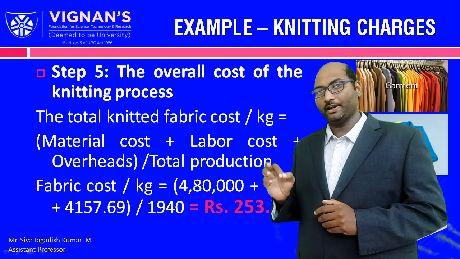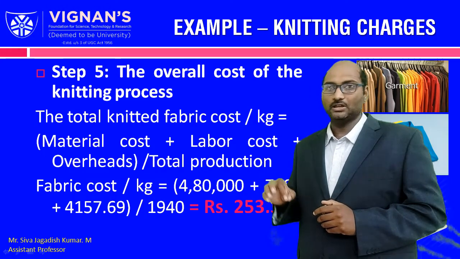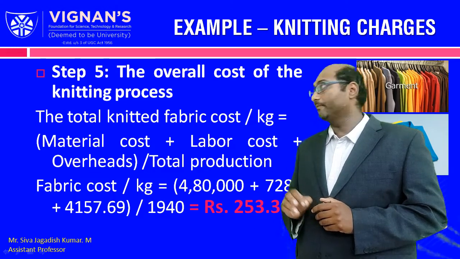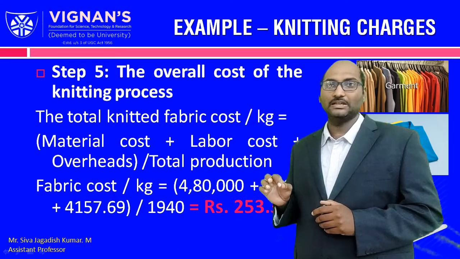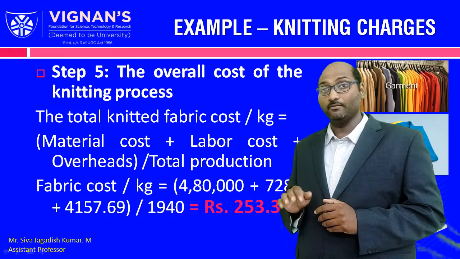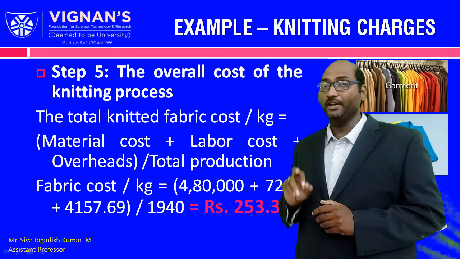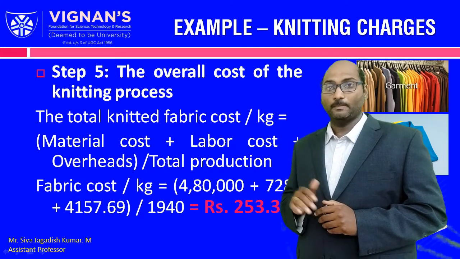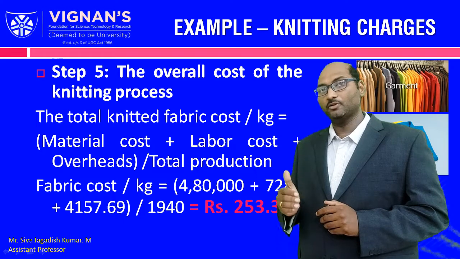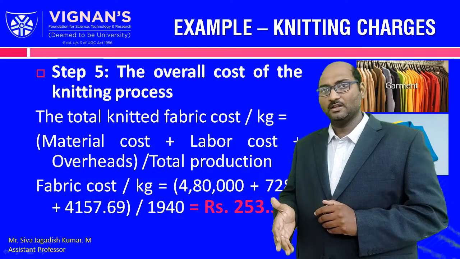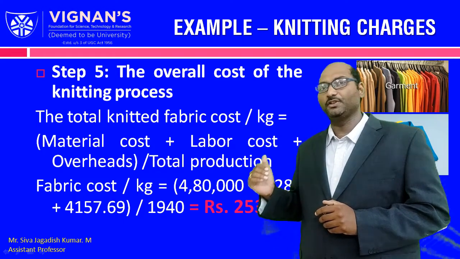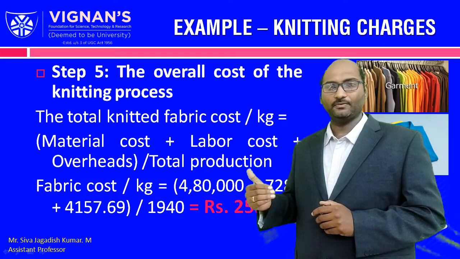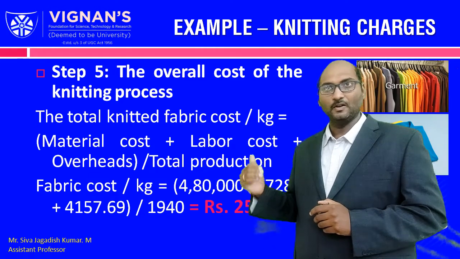So 4,80,000 rupees as the raw material cost, 7,285 rupees as the labor cost, and 4,157 rupees as the overheads, divided by, we are not getting 2000 kg, we are only getting 1940 kg. So the total will be per kg. We are purchasing at only 240 rupees per kg, but the fabric cost is 253 rupees per kg. Understood? So hardly how much it is? 13 rupees only added, isn't it?